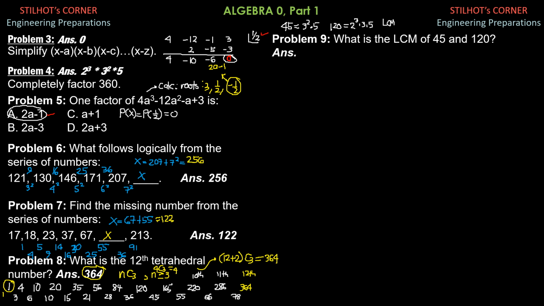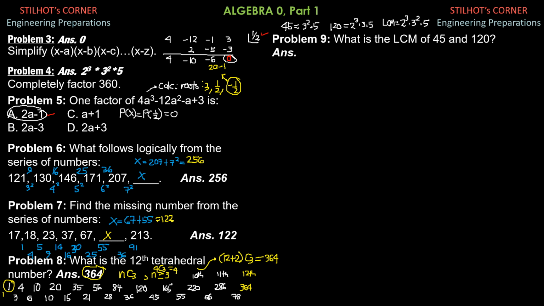Therefore, the LCM: for the different factors with the highest exponent, 2 is 2 cubed, 3 is common or uncommon, as long as you copy the one with the highest exponent, which is 3 squared in this case, and for 5, it is 5.